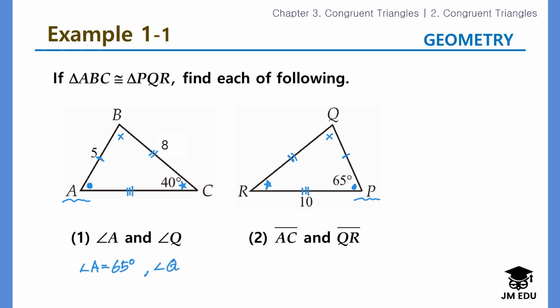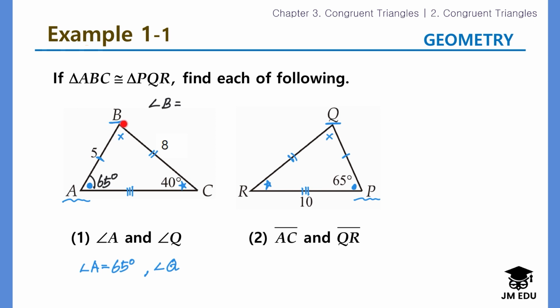Angle Q is congruent to angle B, right? Here we now know that angle A is 65. So angle B, we know the sum of three angles in a triangle is 180, right?